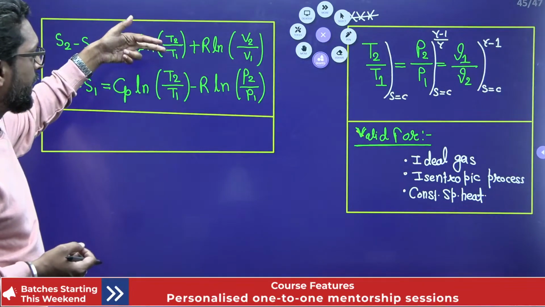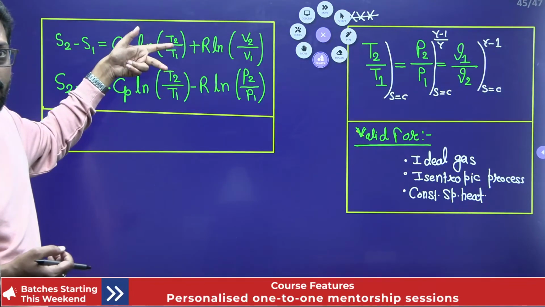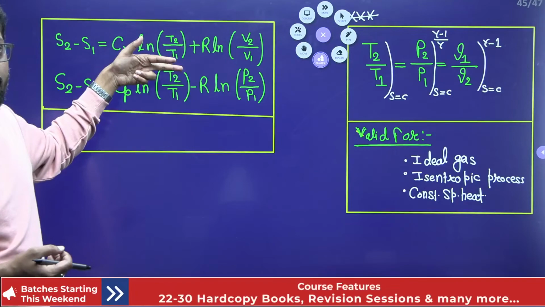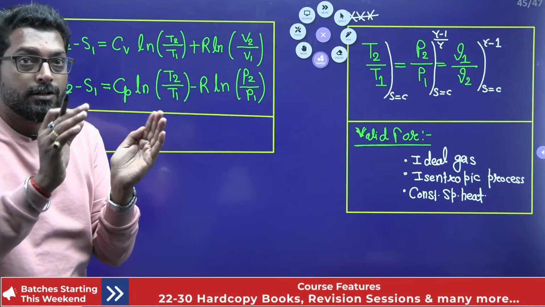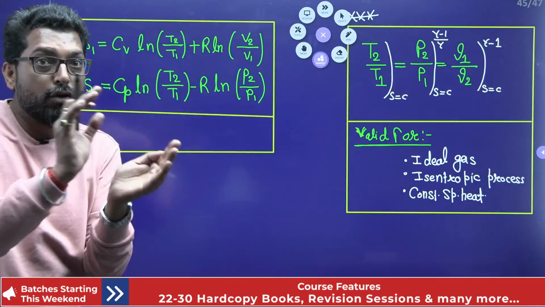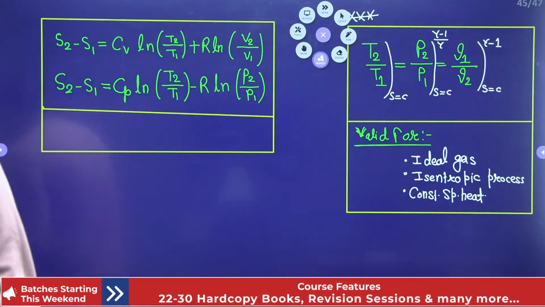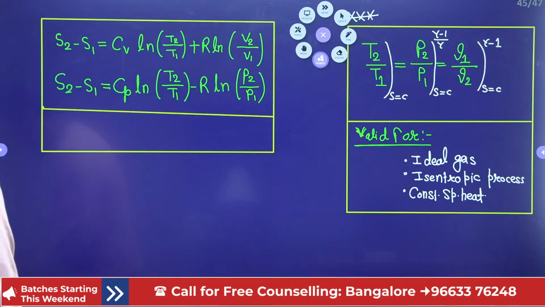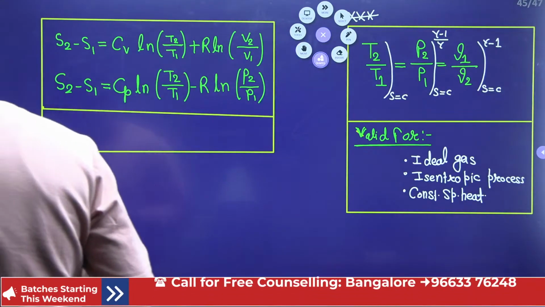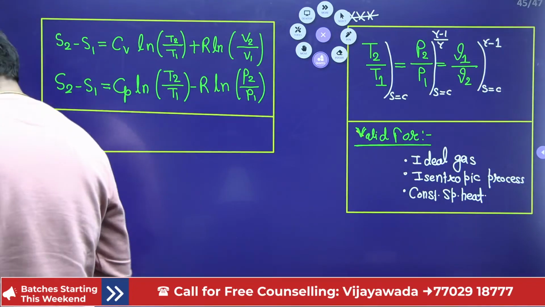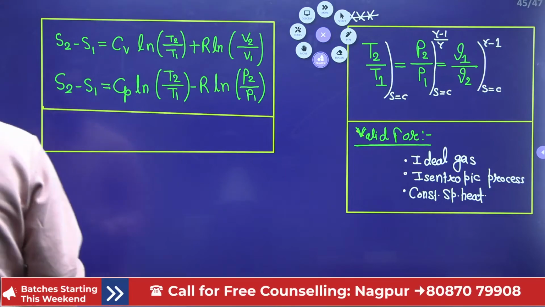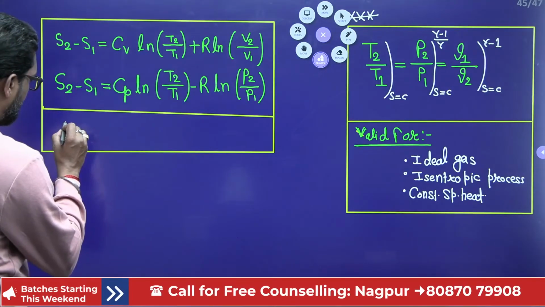If the temperature is changing, and the change in pressure and volume are fixed, that means if you write the third relation like that, this is for ideal gas.